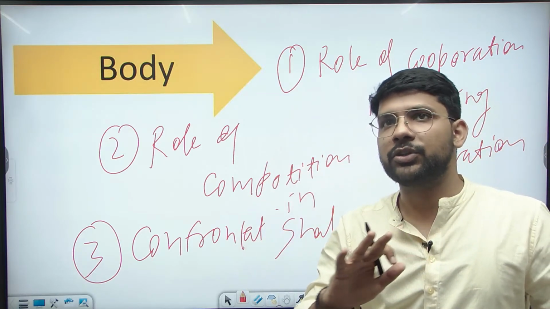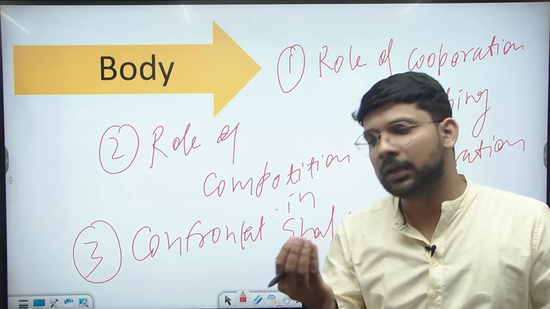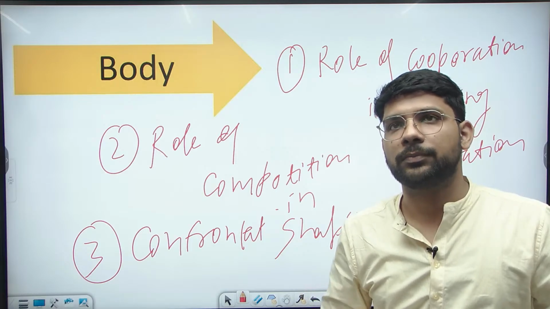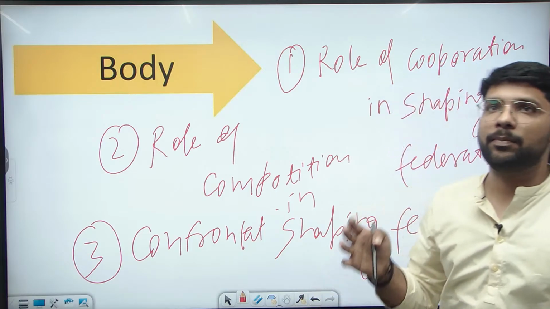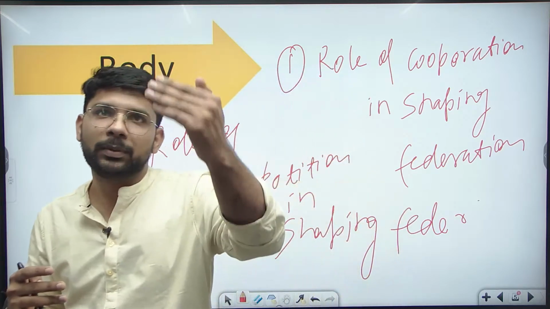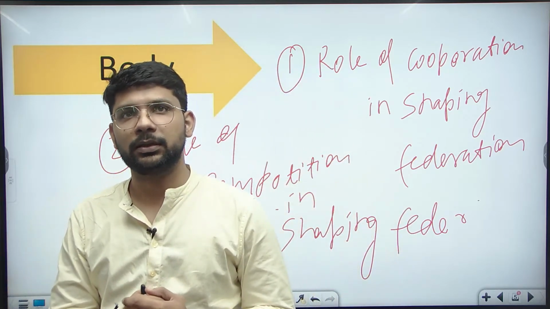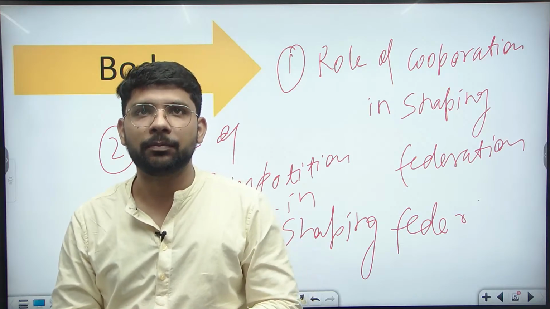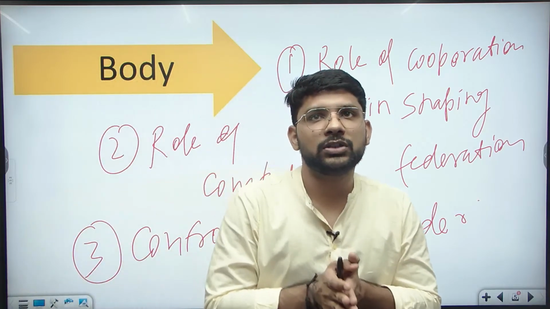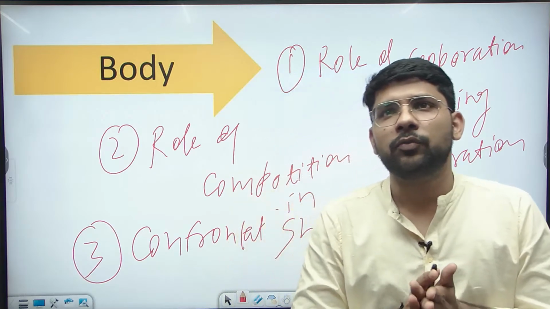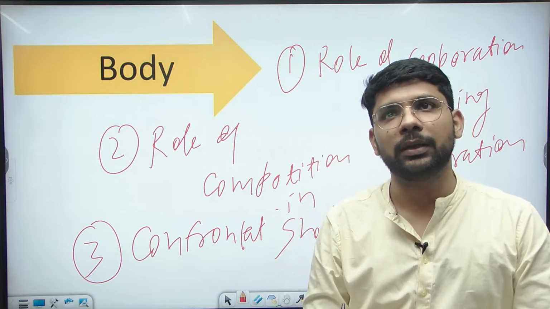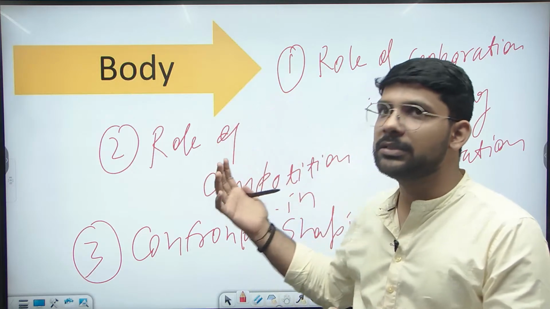Without examples, the answer is not complete. You will lose 2-3 marks if you do not add examples. Then we need to write about the role of competition in shaping the federation in the country, and list different recent, real-time examples here. Finally, the role of confrontation in shaping federalism. We need to address the main core demand of the question, and it will also justify the answer.